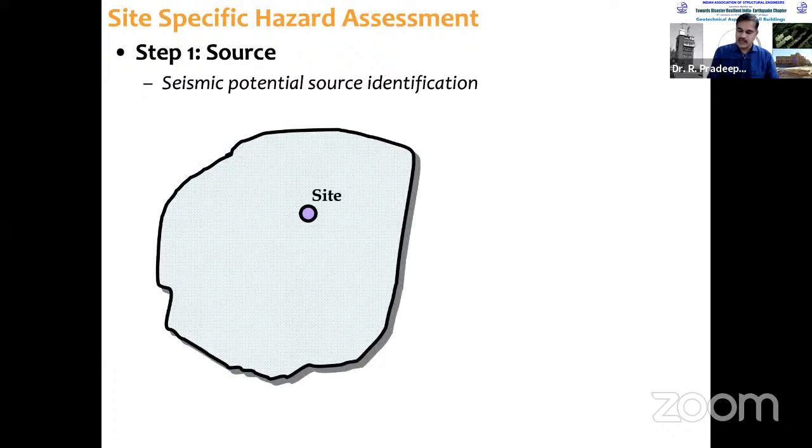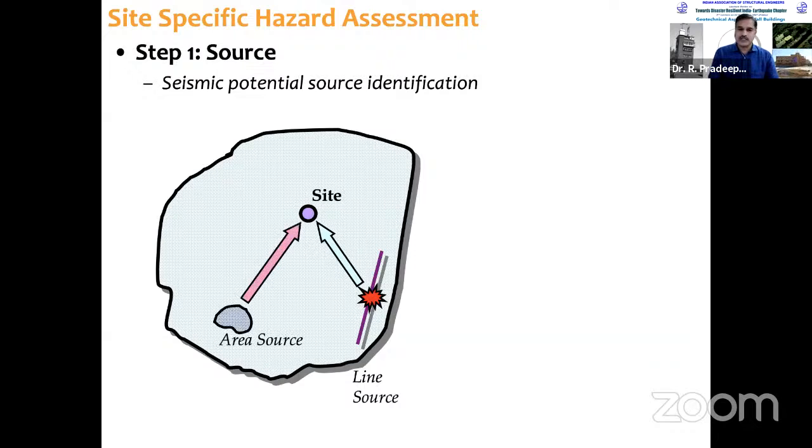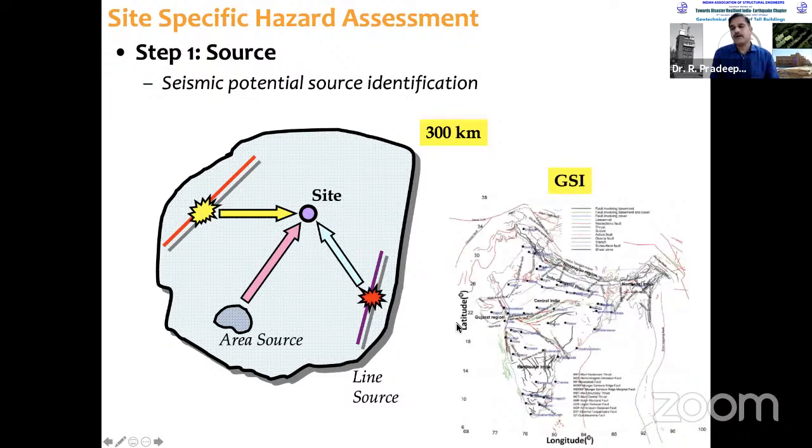This is the site, and then we identify all the potential sources on which earthquake might occur, and that might affect our structures at site. So line sources, area sources, all these things. We can get these from the map given by the Geological Survey of India, the fault map or fault database. Usually from the site, we go around 300 kilometers. That is the first step.